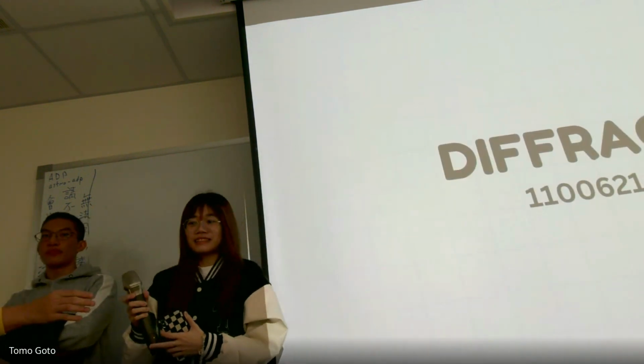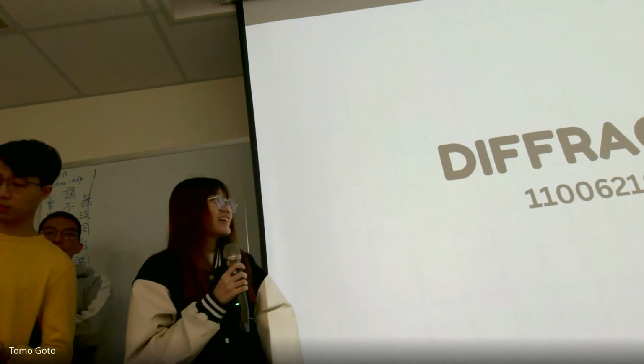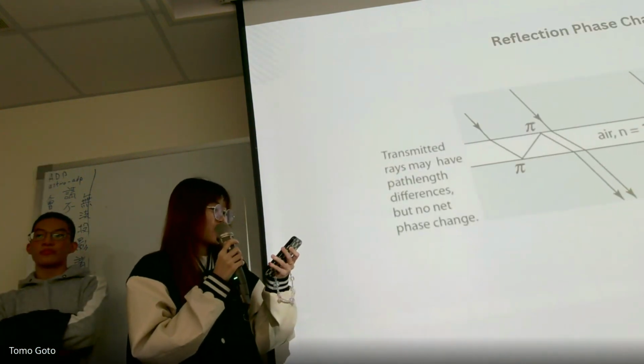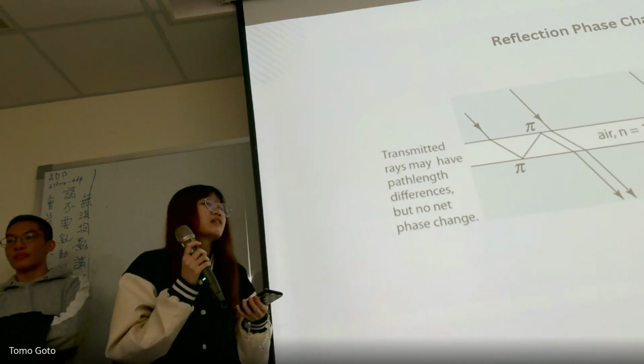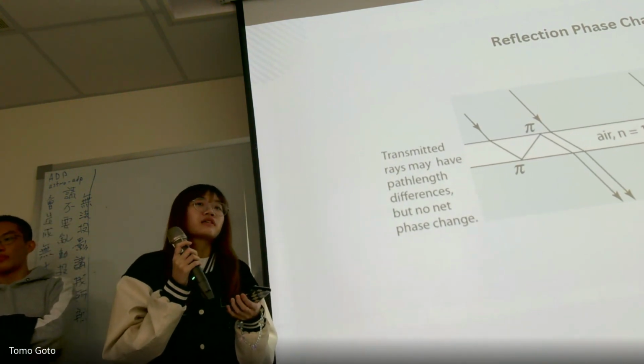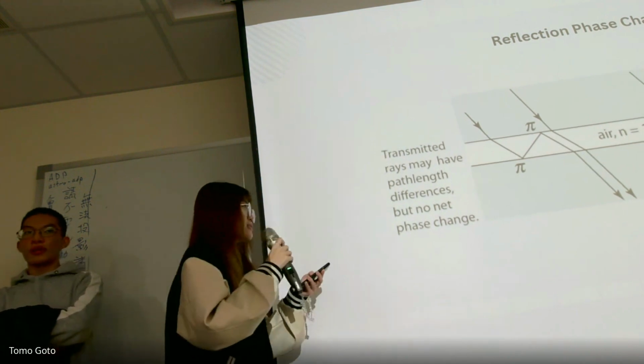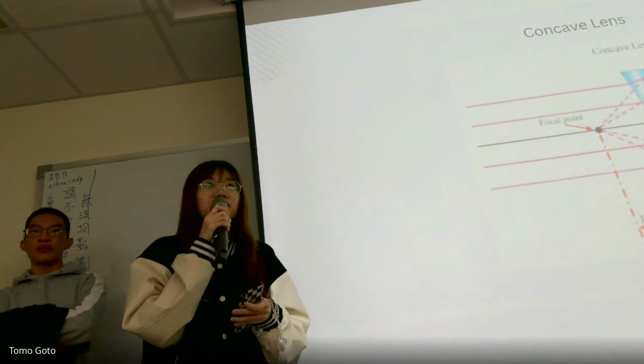So it's important, right? How does it work for the previous one, the lens?